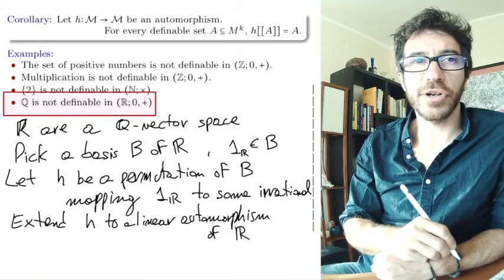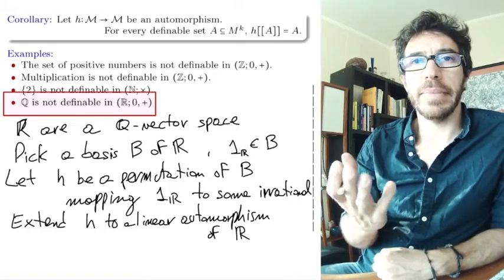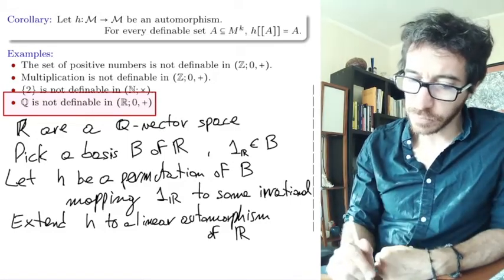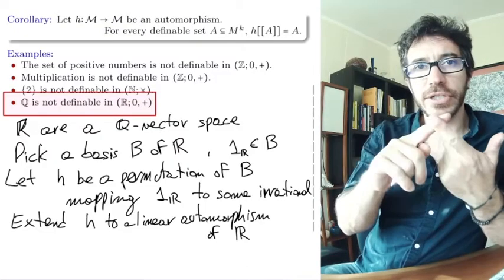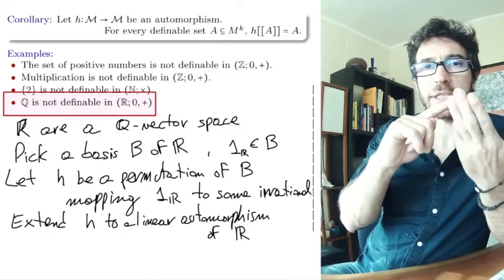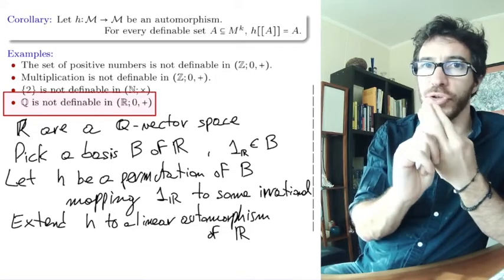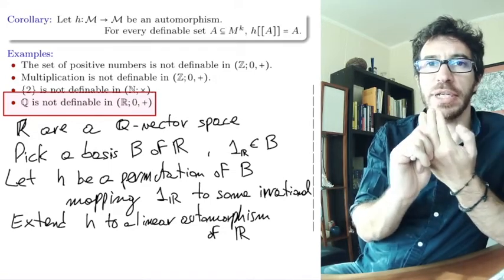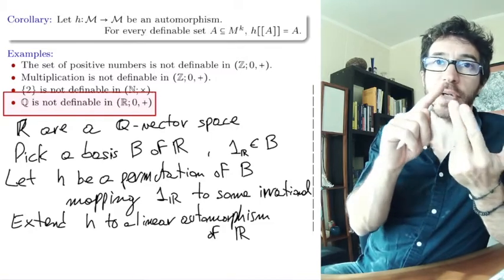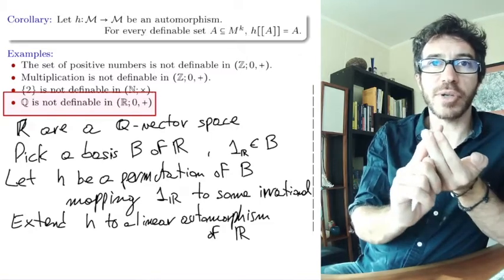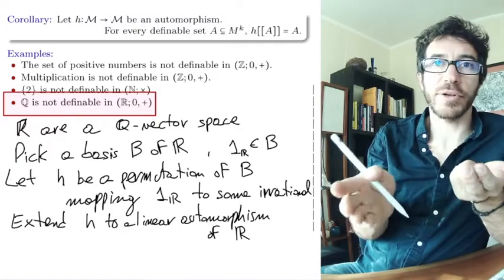A linear automorphism means that H preserves 0, H preserves plus, and H preserves scalar multiplication by rational numbers, since we're looking at a Q vector space. So in particular, H preserves 0 and H preserves plus, so it is an automorphism as a group.